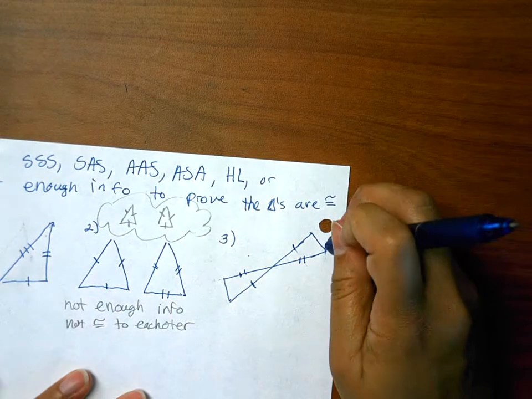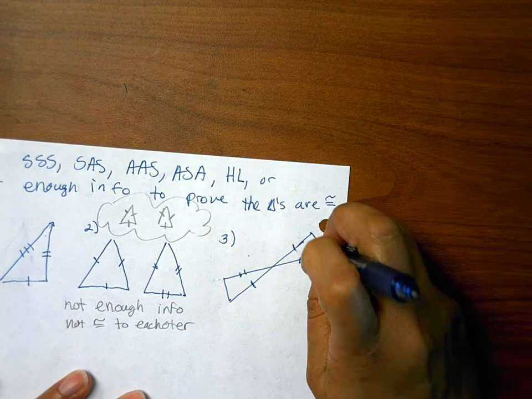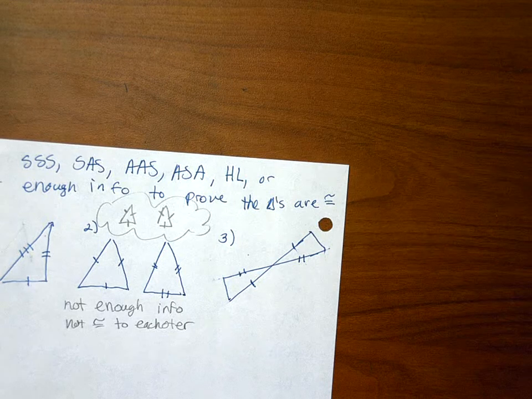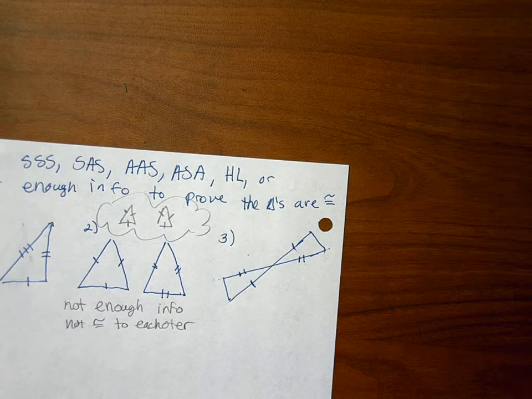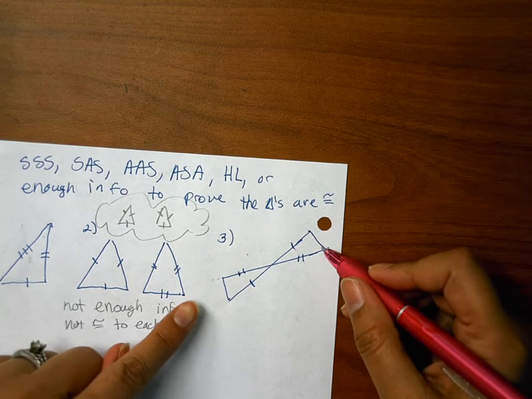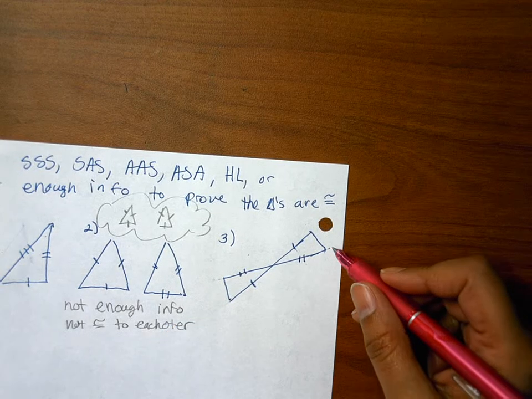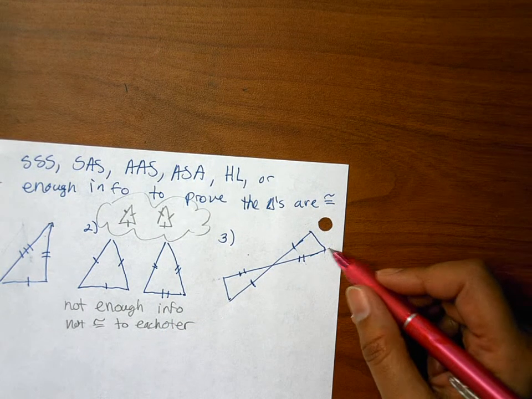Now, did they give us a marking on the 3rd side? No. So can I just add it because I want to? There's a 3rd angle theorem. Is there a 3rd side theorem? Oh yeah, my bad. Okay. So can I just mark those sides because I want to? No.